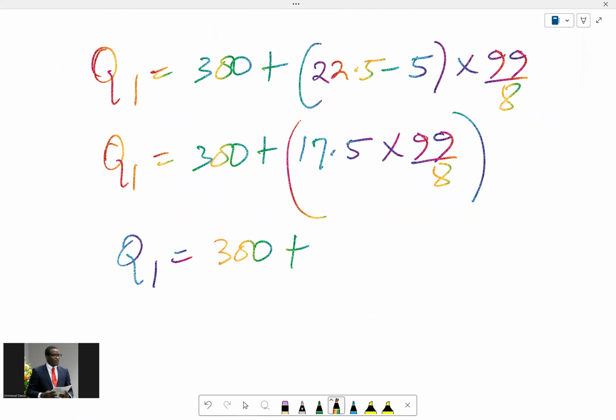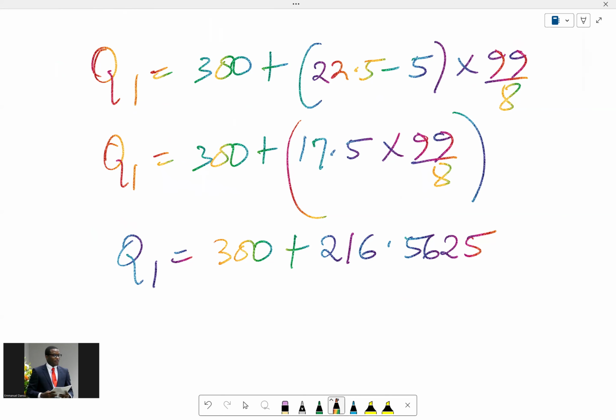Let me quickly get this out. 99 divided by 8 is 12.375.